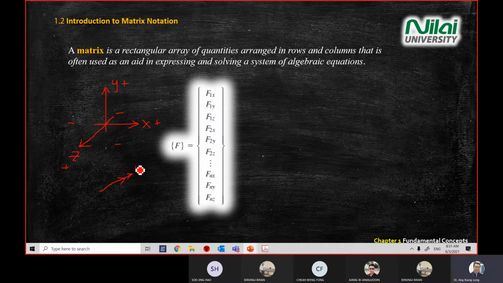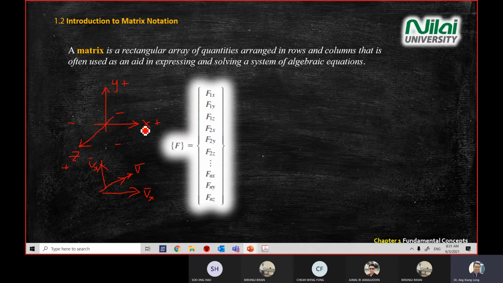So if you have a vector v, you can break the vector into two components. In this case, if we break v into x and y components, you have v in the x component and v in the y component.